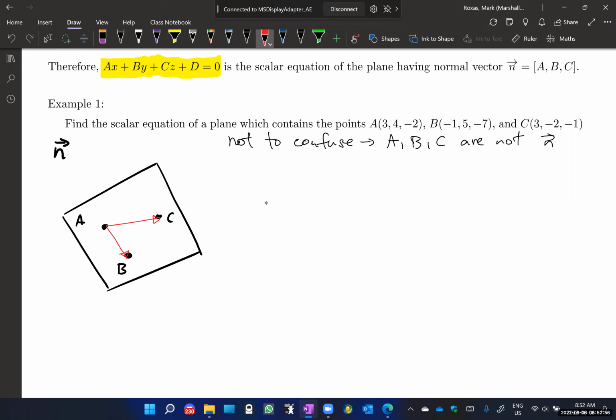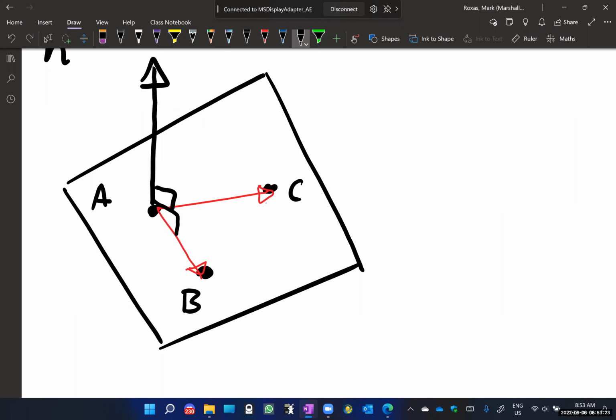Now with the scalar equation of the plane, I need the normal. I need a vector that's normal to the plane, that's 90 degrees to the plane. So you're going to have to reach back to one of the tools we used in chapter 7 that allows me to find a vector that is 90 degrees to these other 2 vectors that are also on my plane. If I could find a vector that's 90 degrees to these 2 red vectors, then I know that normal vector is also perpendicular to the whole plane.